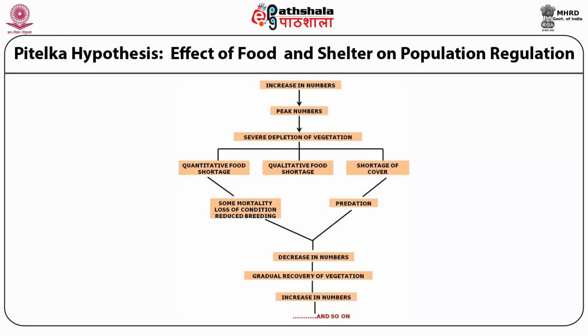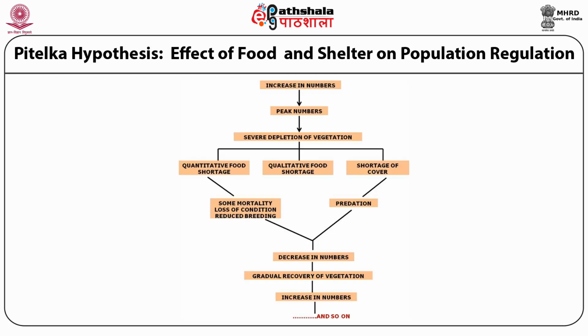Based upon this, Pitelka proposed a hypothesis commonly referred to as the Pitelka hypothesis for food and shelter. According to Pitelka, when there is an increase in the population density or the population reaches its peak value, there is a severe depletion of food, vegetation or foliage.